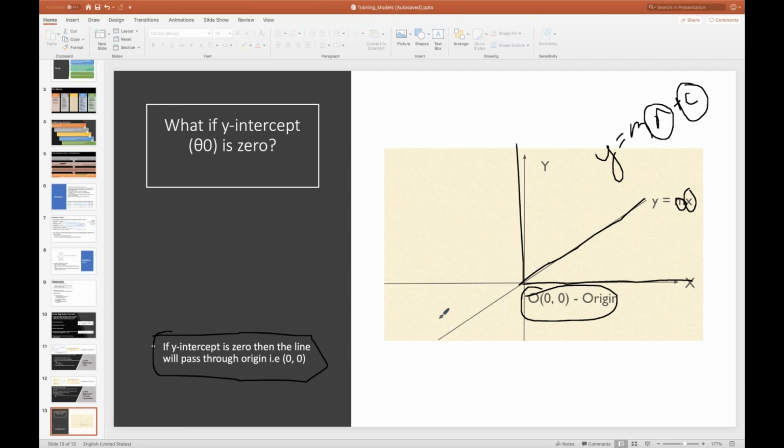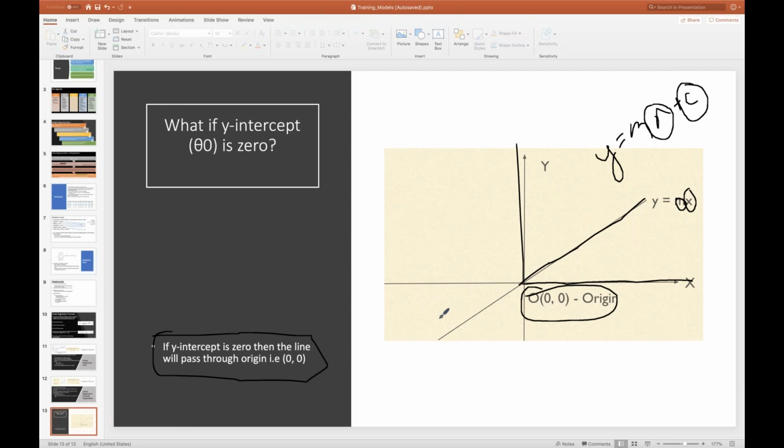One more thing I want to highlight here is, if your y-intercept theta of 0 is not 0, then you're starting from the wrong point. It is like you have your roadmap ready and you know where you are starting from and where you're heading to, but unfortunately you were drunk, you went to some other place and started your journey from there. That is the importance of y-intercept theta of 0.